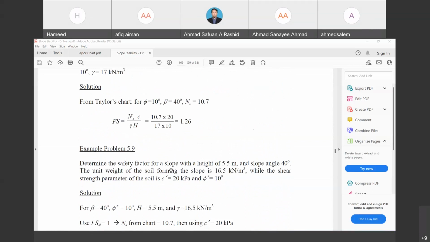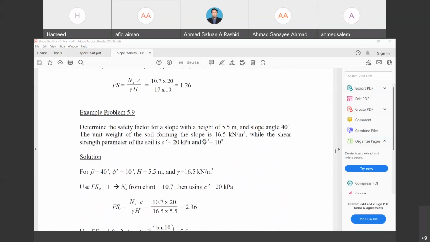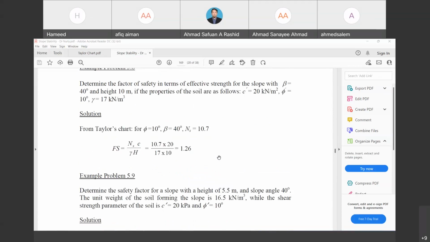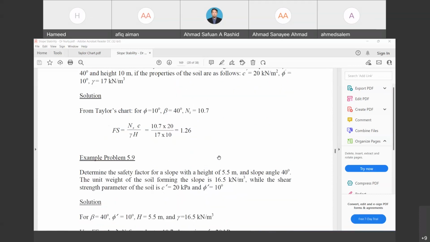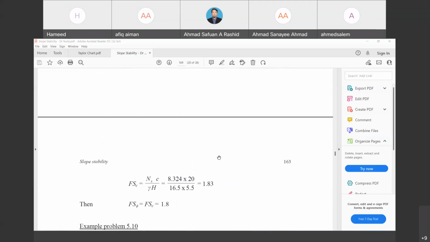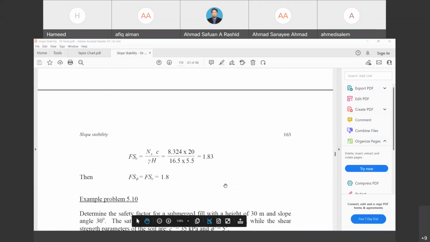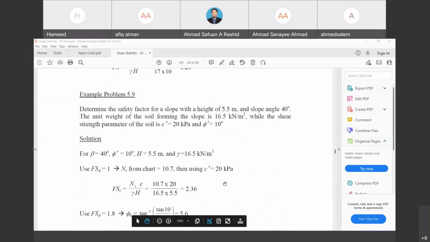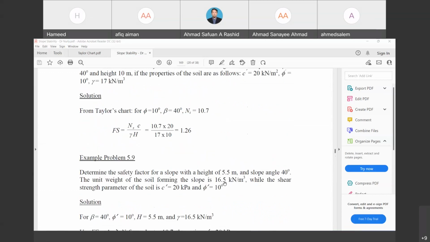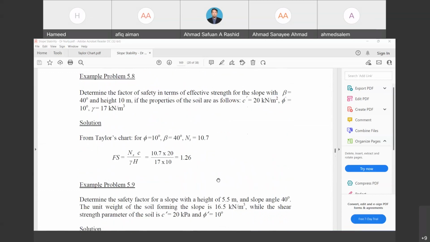The other one is when phi is equal to 10, and the last one is also when phi is equal to 5. So that's the reason why for the first example 5.7 we need to determine the ND. Now we move on to the method of slices.